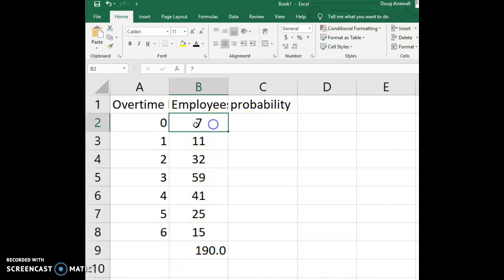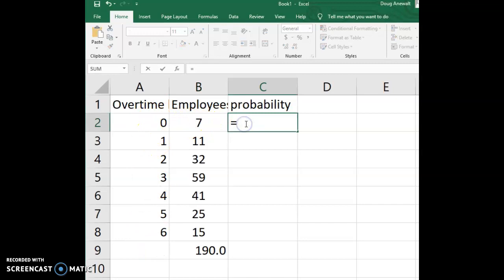So for each one of our different options here, I want to take the number that fall into that category. So there's 7 people who worked 0 hours and divide by the total. Now I'm actually, instead of writing 7, going to write B2. And so it's doing 7 divided by 190. And that's the probability that if I randomly select an employee, they will work 0 hours of overtime.